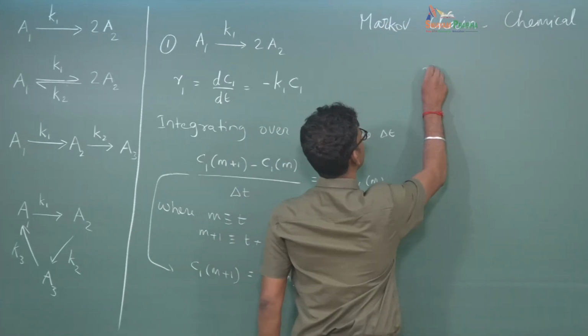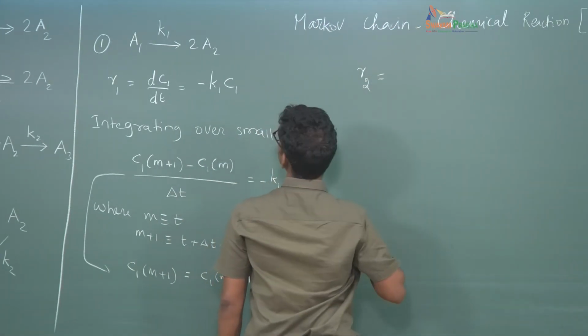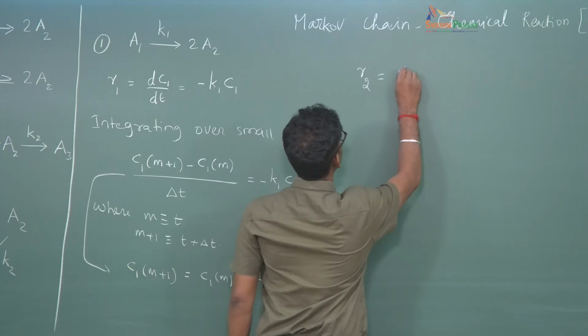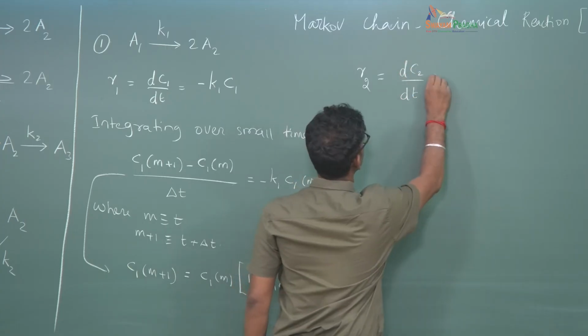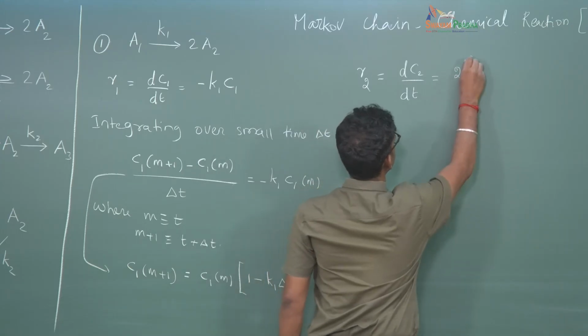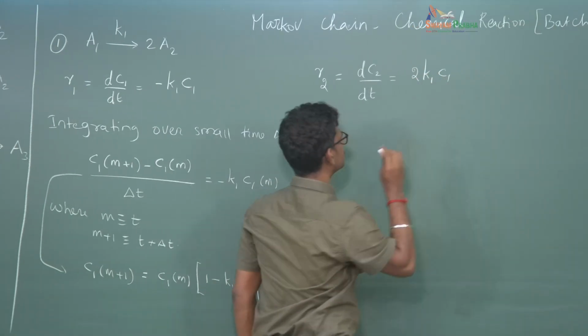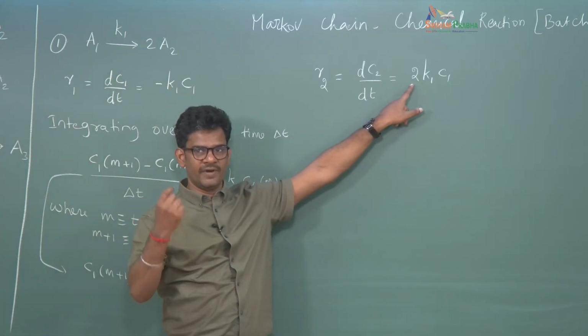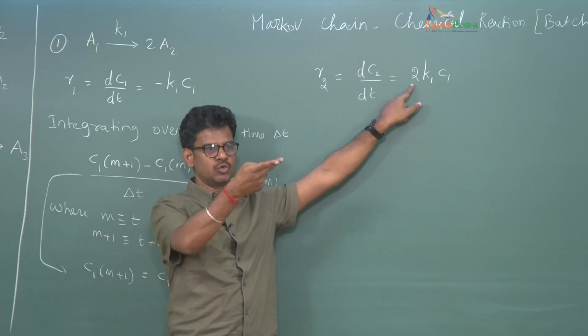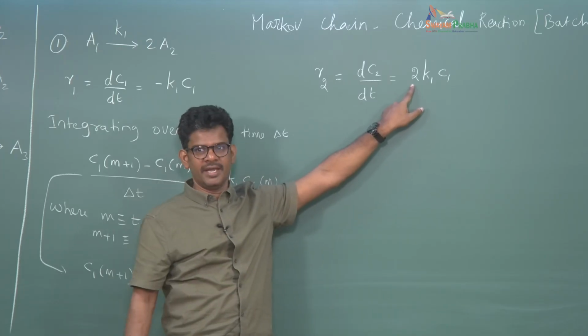Here we write r2, which is equal to dC2 by dt, which is equal to 2 times k1 C1. There is a factor of 2 here because when one molecule decays, it actually creates 2 molecules of A2.